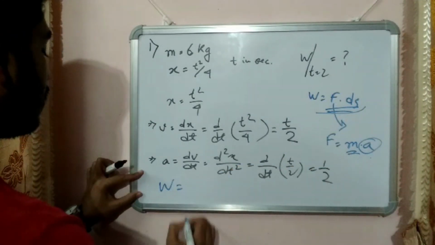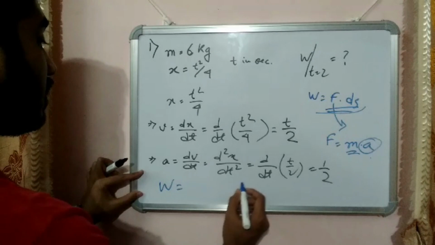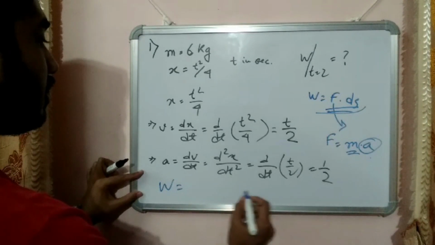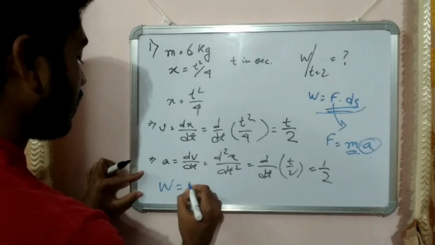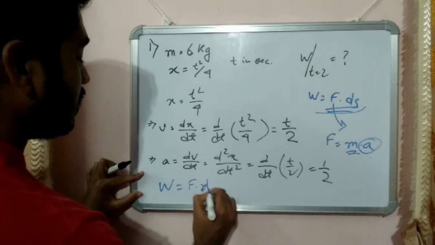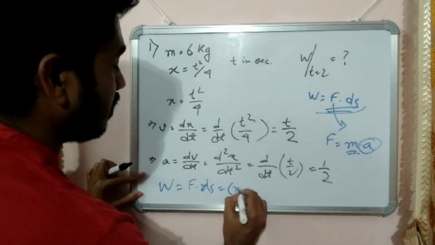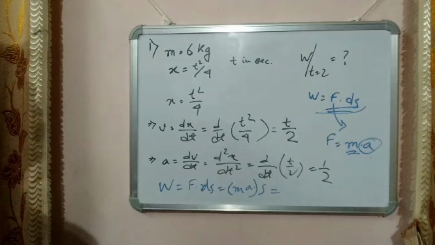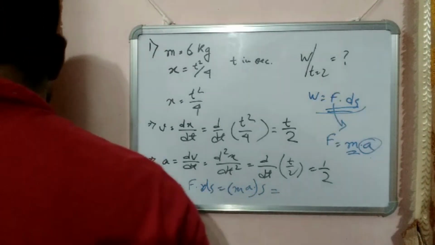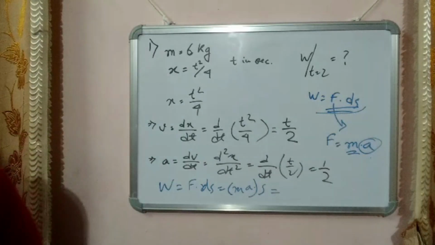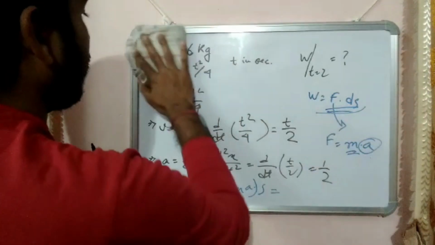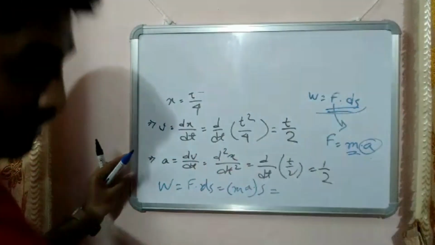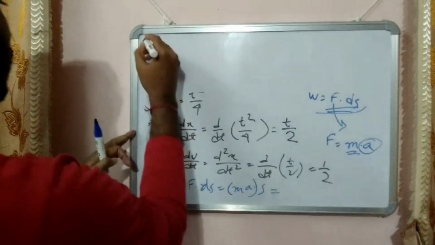So work done is equal to F dot ds, and F is equal to ma, and ds means the displacement. So let's go to the board. Number one question.